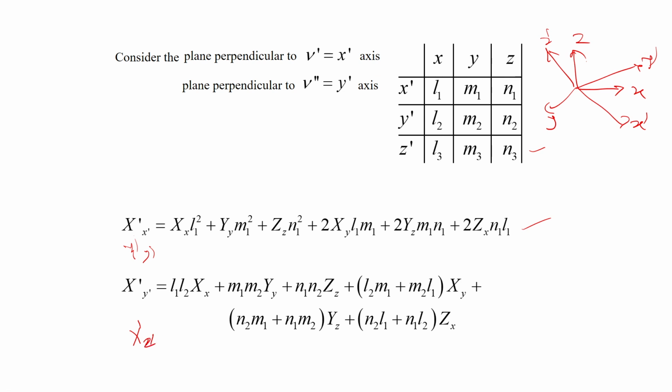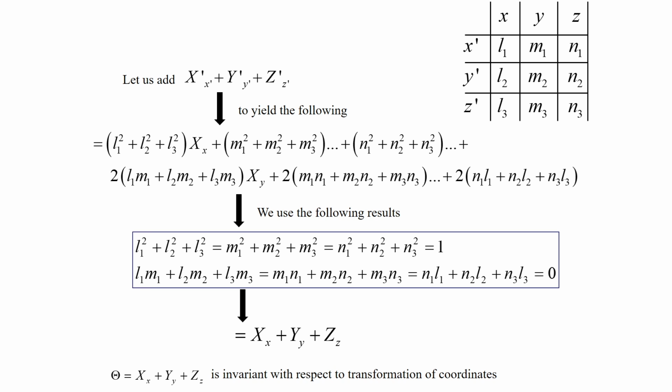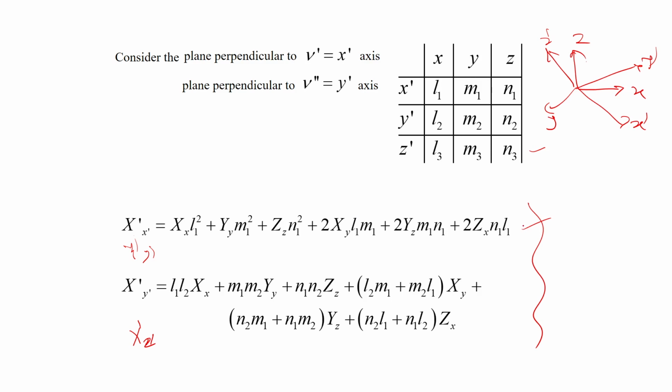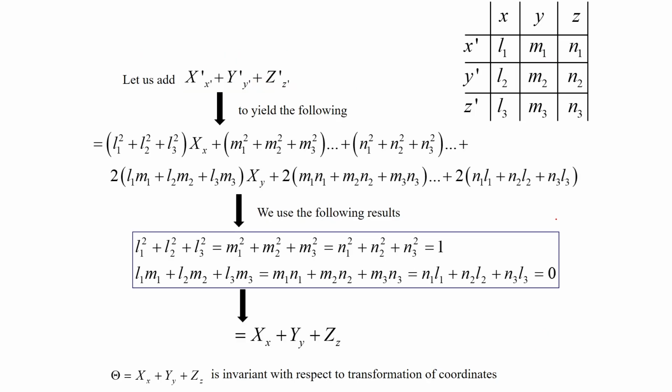We can then add x dash x dash plus y dash y dash plus z dash z dash. If we use this expression, we get something like L1 square plus L2 square plus L3 square times xx, and 2 times L1 M1 plus L2 M2 plus L3 M3 times xy, and so on.